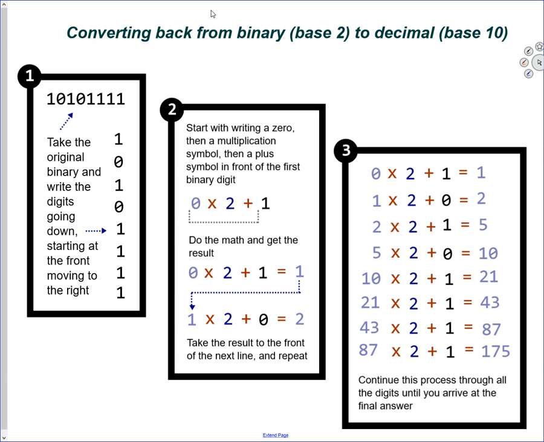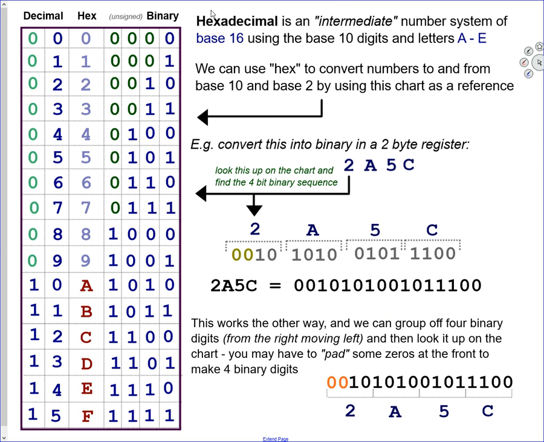Okay? Now, hexadecimal is an in-between state between base 10 and base 2, because now it's using 16 as the possible digits. How does it use 16? Well, it uses numbers 0 to 9 and then letters A to F. So I'm just going to fit that right into our chart right there, in between.